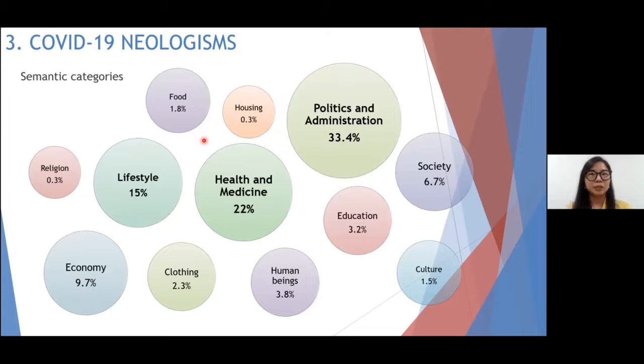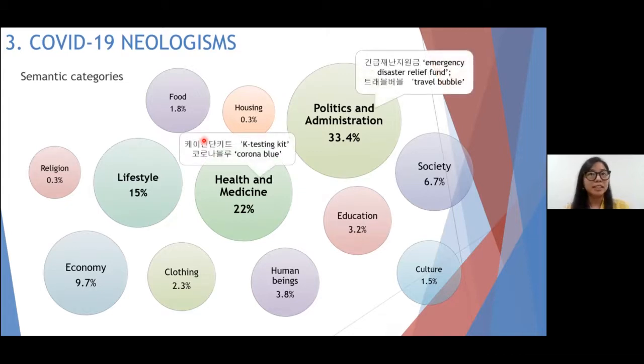These include policy names such as emergency disaster relief fund or travel bubble, and the neologisms related to physical and psychological health, such as K-testing kit and Corona Blue. You can also see that lifestyle, economy, and society are also important domains with respect to COVID-19 neologisms.